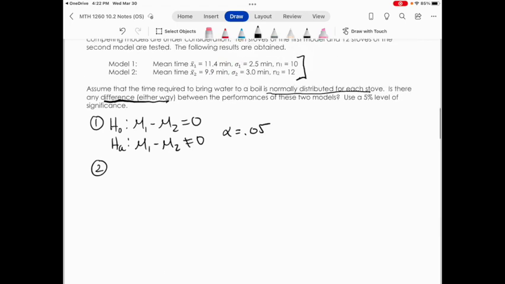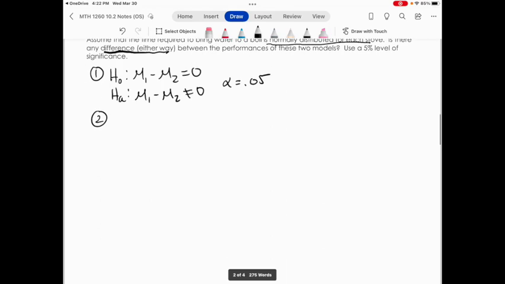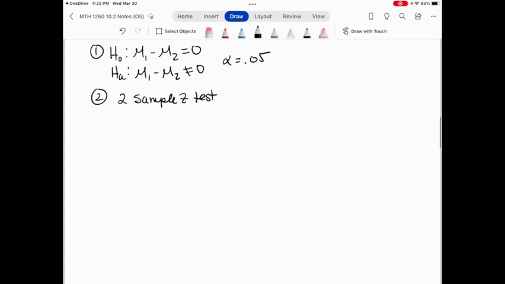Step 2. Because we have the justification that we need, it tells us in the problem that it's normally distributed. And we also know our sigmas, that's given here. We know that we can use a two sample z-test.